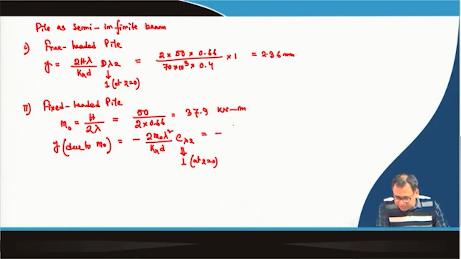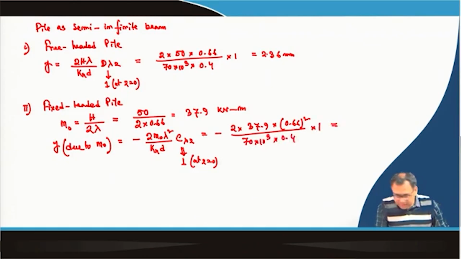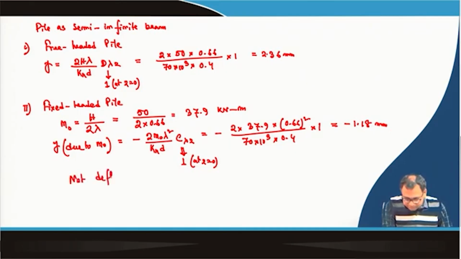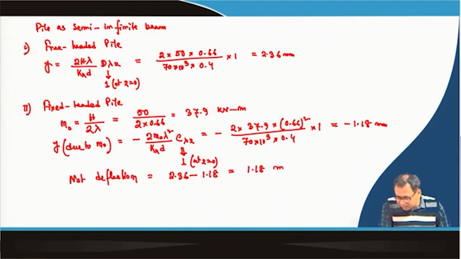So, this will be minus 2 into 37.9 into 0.66 square divided by 70 into 10 to the power 3 into 0.4 into 1, and that is equal to minus 1.18 millimeter. So, the net deflection will be 2.36 minus 1.18, that is 1.18 millimeter.